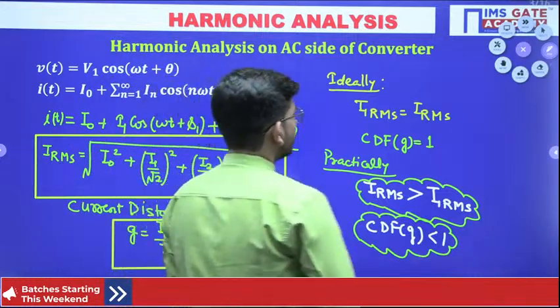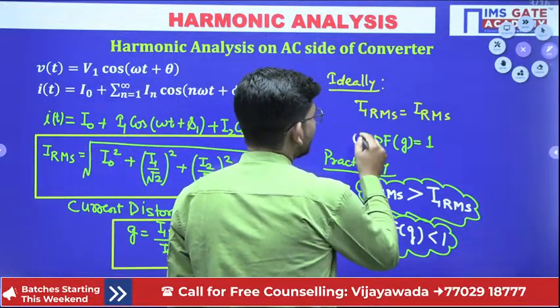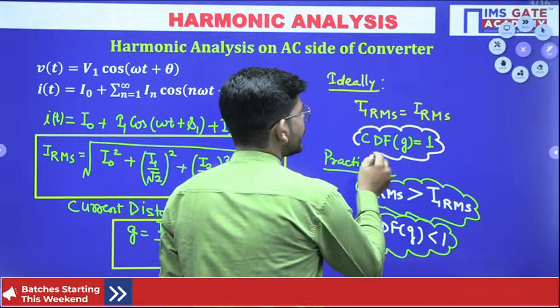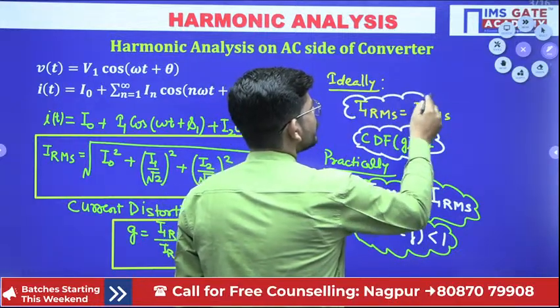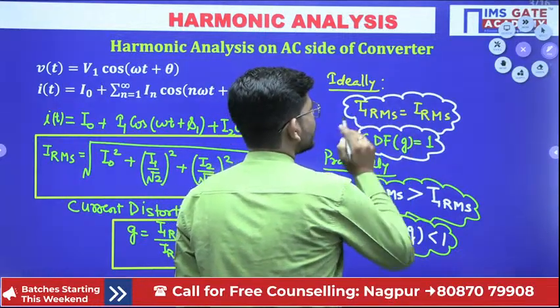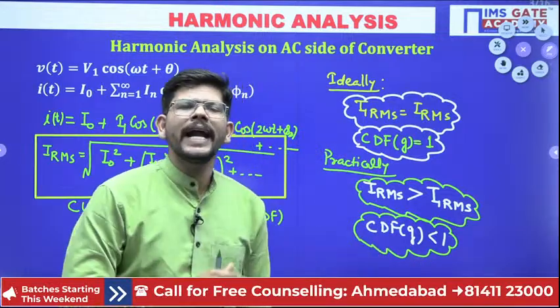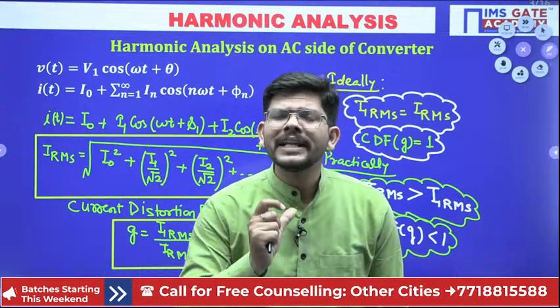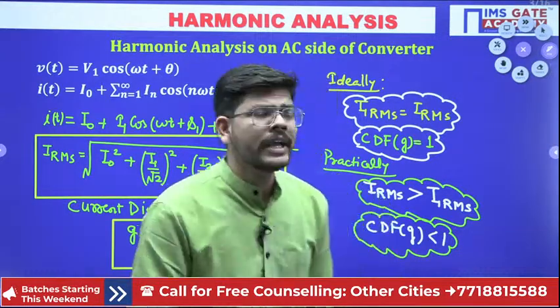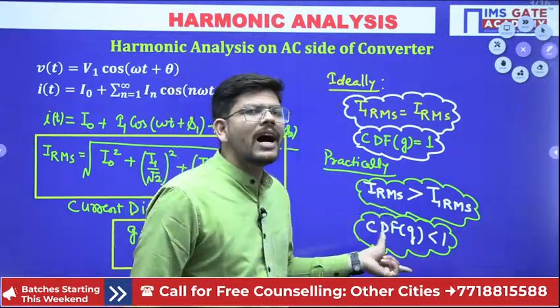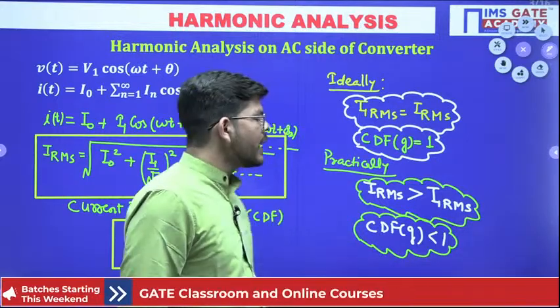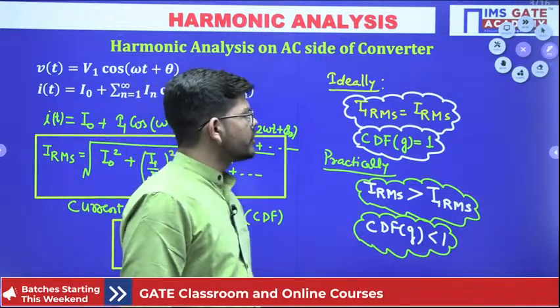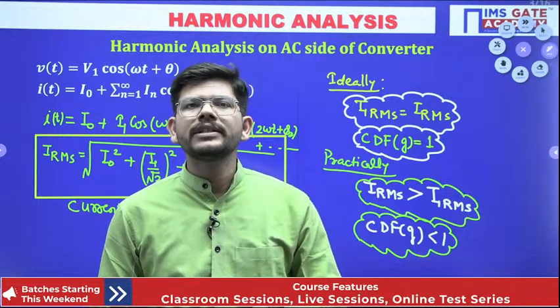Ideally, this should have a value equal to 1, and I1 RMS should be equal to IRMS. This means there should not be any other frequency component, any harmonic component. That is what is desired, but practically harmonics are there in a power electronic converter, and due to that the current distortion factor has a value less than 1.